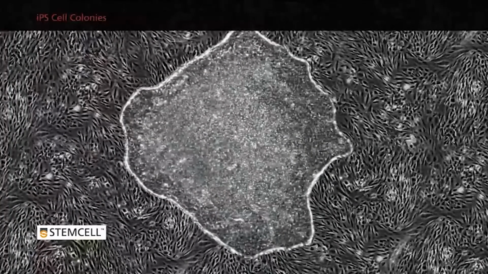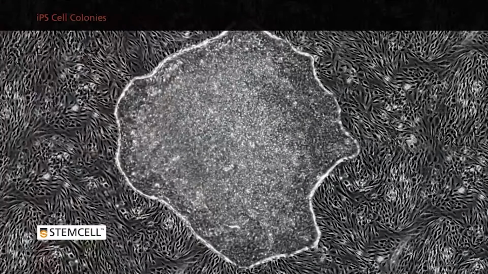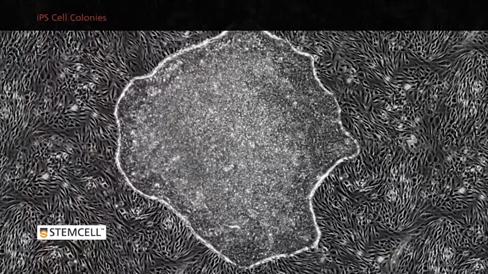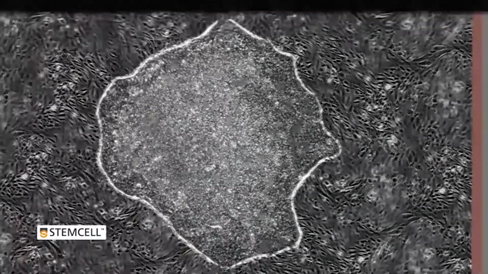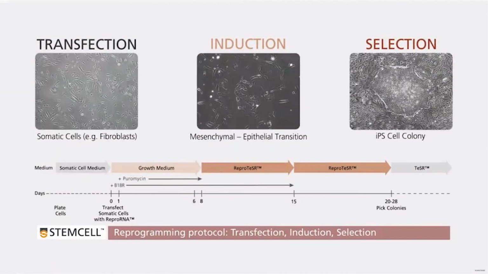We'll be demonstrating how to use ReproTeaser neonatal human dermal fibroblasts and the ReproRNA OKSGM non-integrating vector system. The reprogramming protocol can be broken down into 3 steps: transfection, induction, and selection.